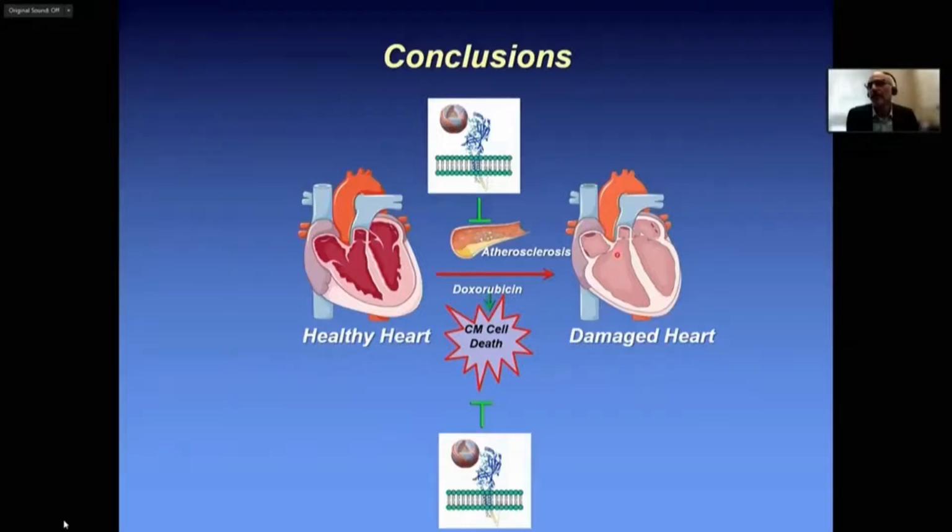So HDL does more than just transfer cholesterol out of the heart or out of vessels, but has direct effects both on the cells within the atherosclerotic plaque, as well as cells in the heart itself.